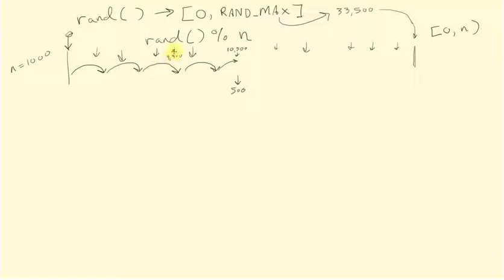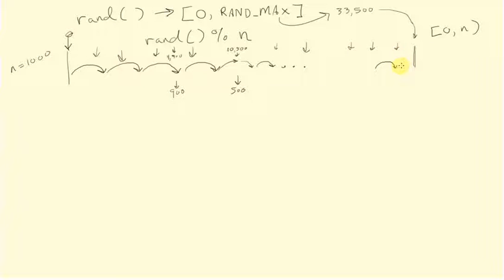So let's say this is 4,900. The modulus would be 900, and so on and so forth, right? Until we'll do some dot dot dots, and this will keep on doing its thing until the very end.